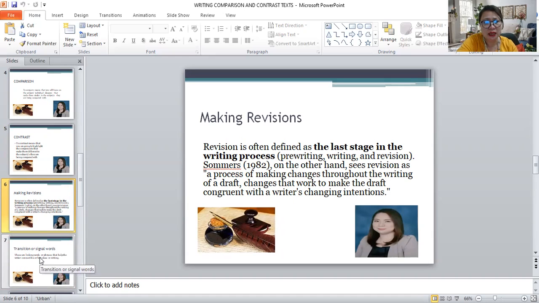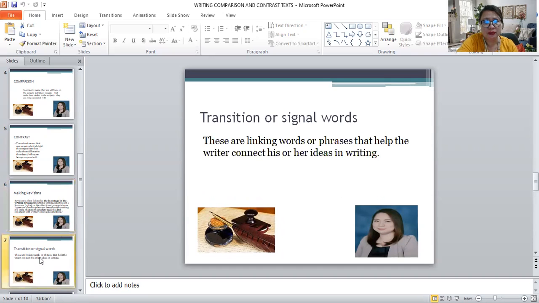In making a revision, you also need to use a lot of words, and we call these transition or signal words. I will be showing some examples of this later on. Transition or signal words are linking words or phrases that help the writer connect his or her ideas in writing.